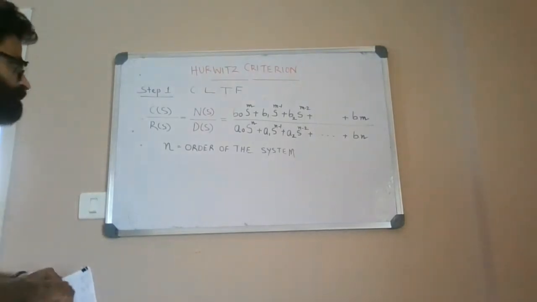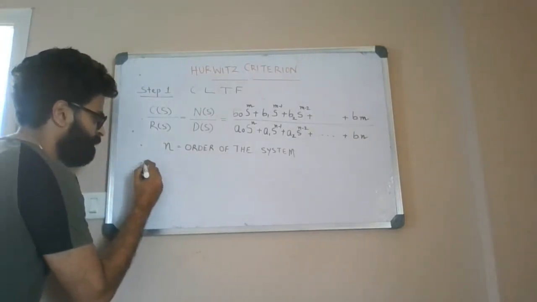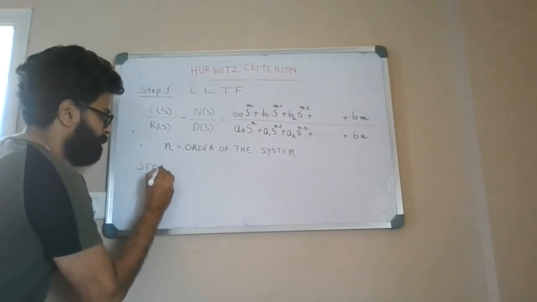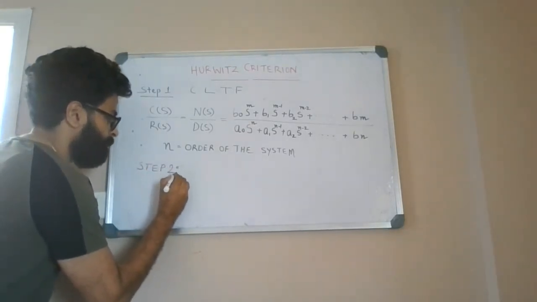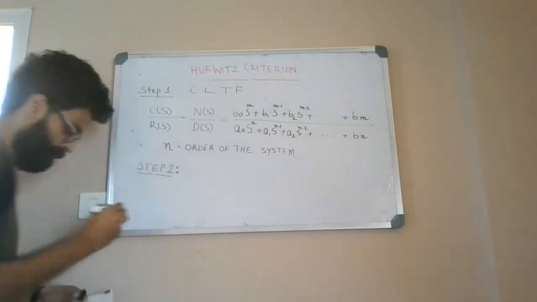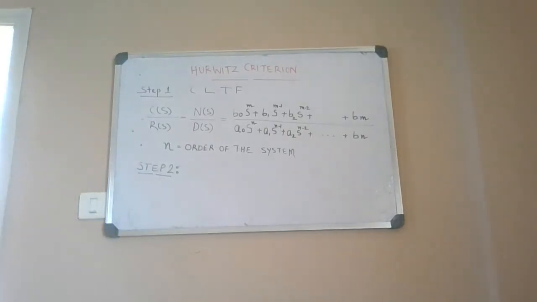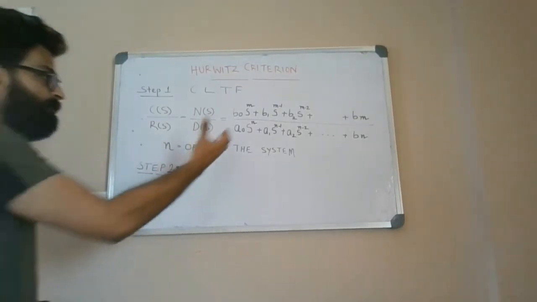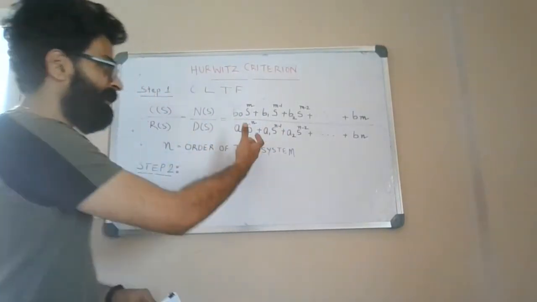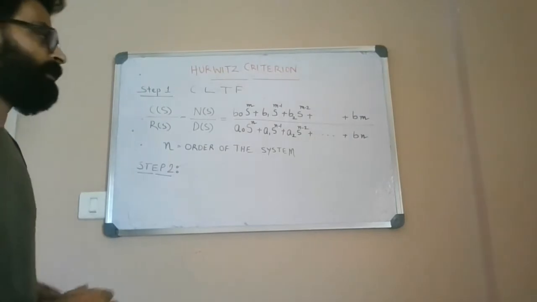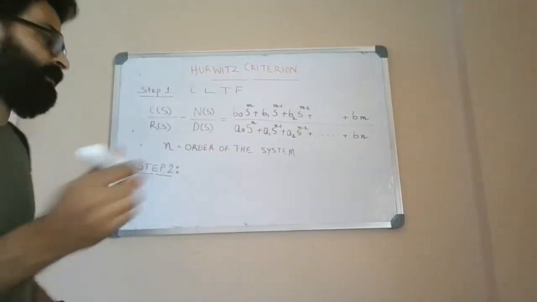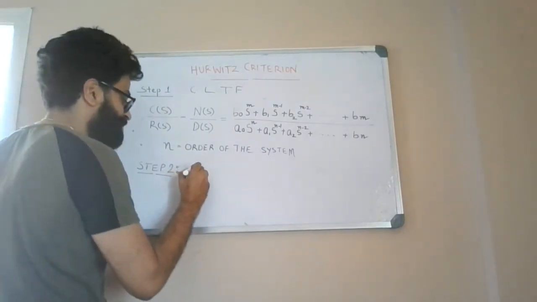All right. Next, step number 2. In step number 2, what we have to do is rewrite, or extract, the characteristic equation from step number 1.